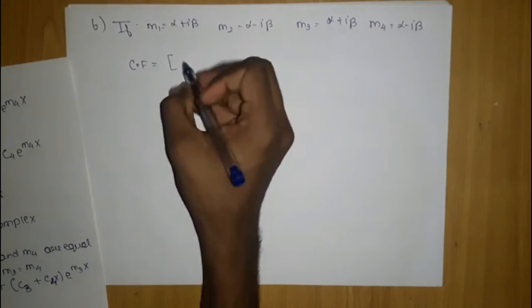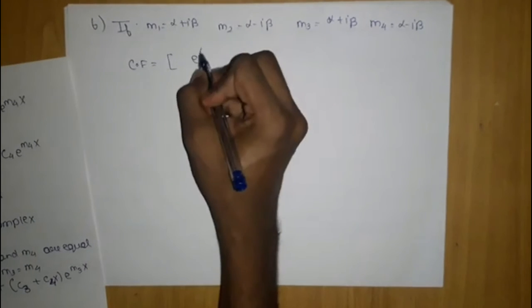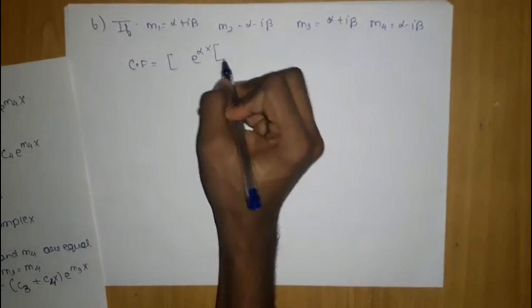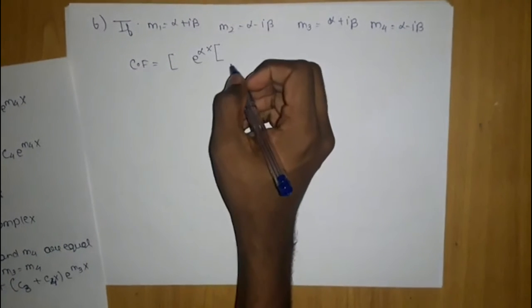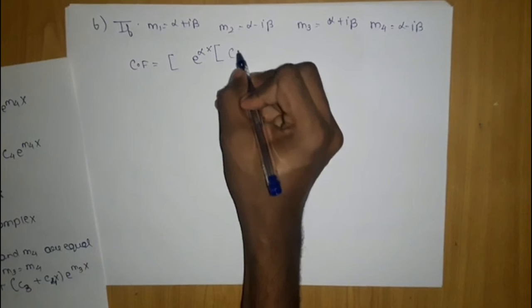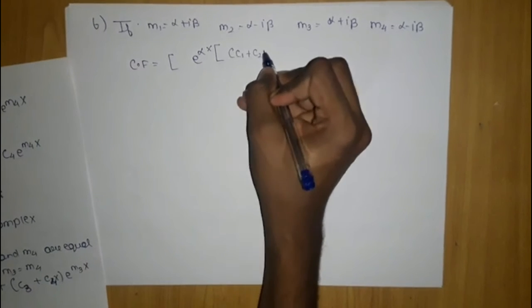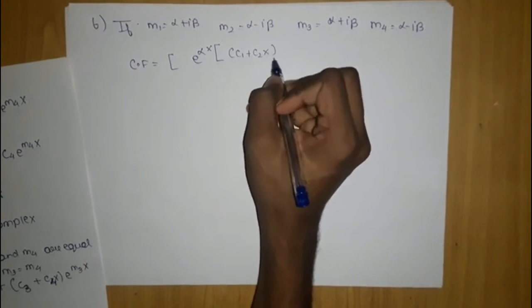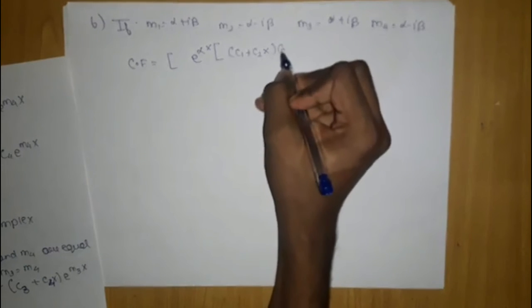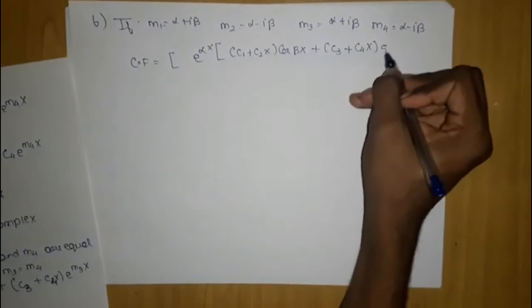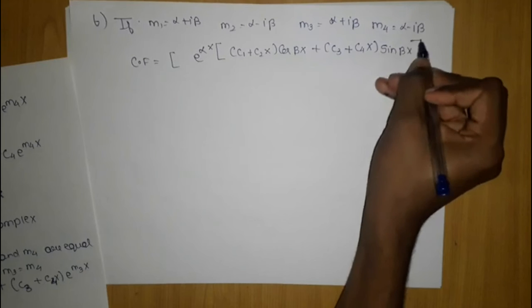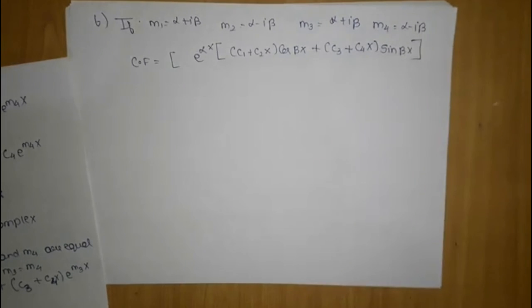It will be e to the power alpha x, bracket, c1 plus c2 x, since they are repeated, into cos beta x plus c3 plus c4 x into sine beta x. So hope you have understood how we wrote this.